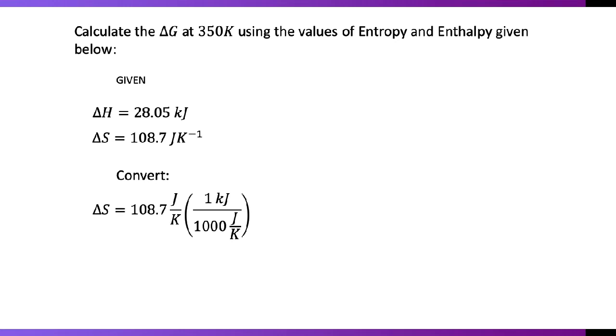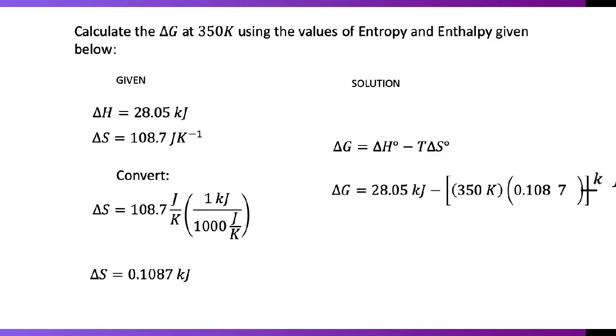Now we also need to convert the delta S so that it has the same unit as the delta H. Now in some instances, if you encounter a problem wherein the delta H and the delta S are not given, you need to solve for them using the same process that we did when we were solving for the delta H and the delta S. Now given the same formula, plug in the given values and we get the answer of negative 10 kilojoules.